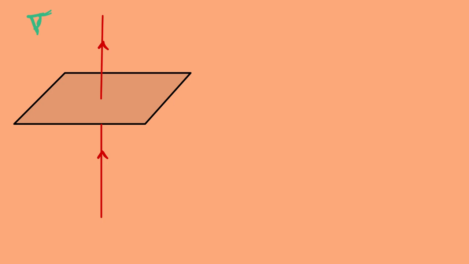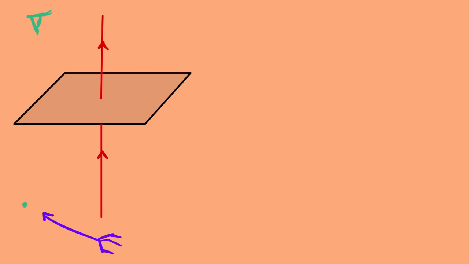Now how I show this is if I just imagine this as an arrow like this. So for example, if this is an arrow, and let's say the other end of the arrow is like how you have that bow and arrow in, for example, movies or something. And if you're looking at this current coming out of the page, then at this point, this is what you'll see. All you'll see is a dot.